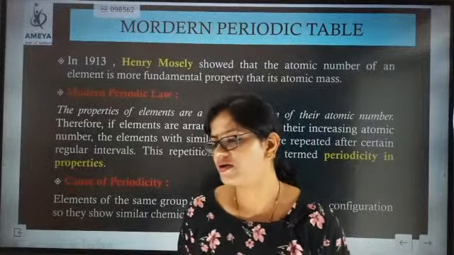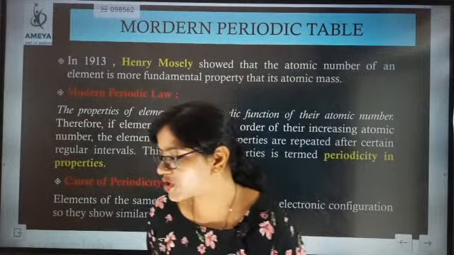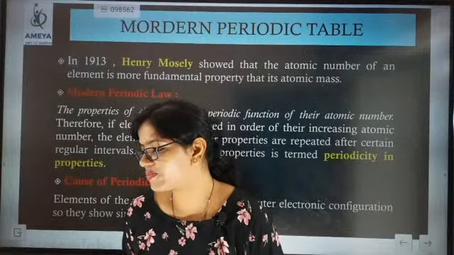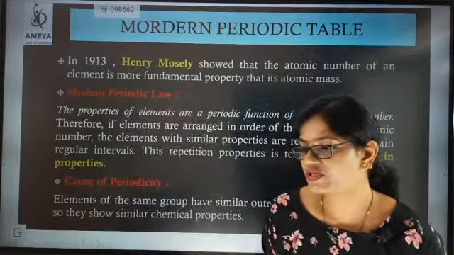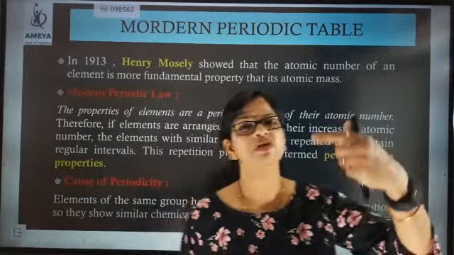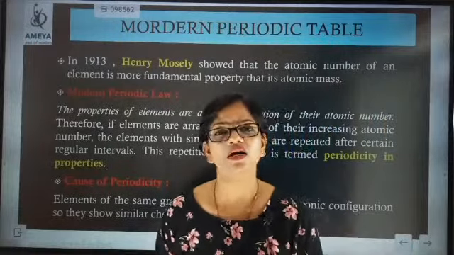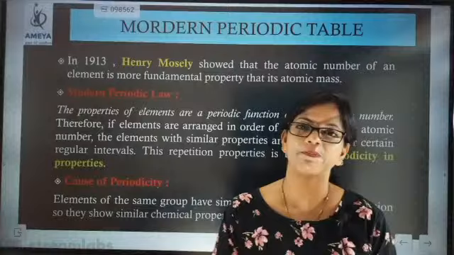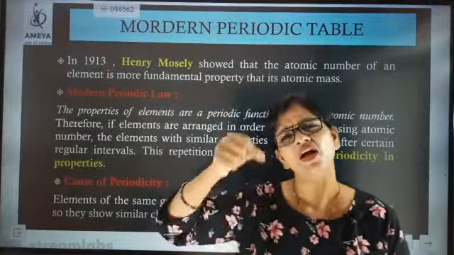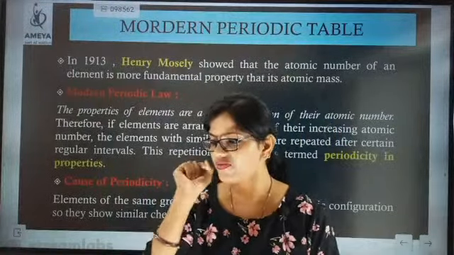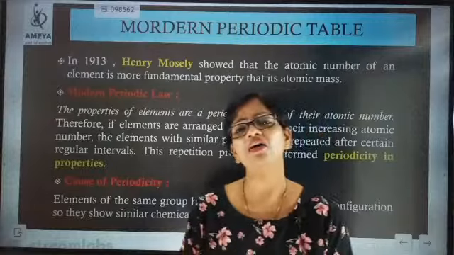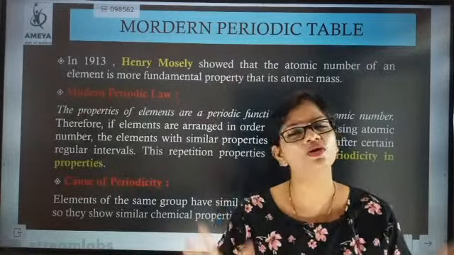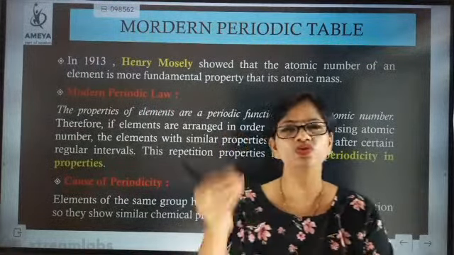Why is it fundamental? Because classification by atomic mass cannot be possible for higher elements. In Mendeleev's periodic table, if you look now, between two atomic masses there was a gap. Look here, these are very, very important basic points. We don't have to go into a big theory, we just have to go to the basic point.